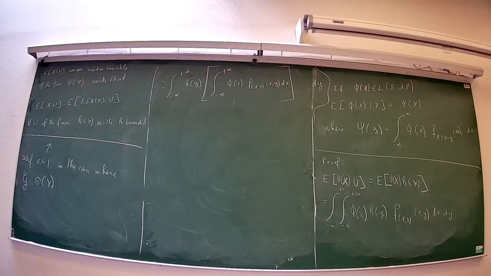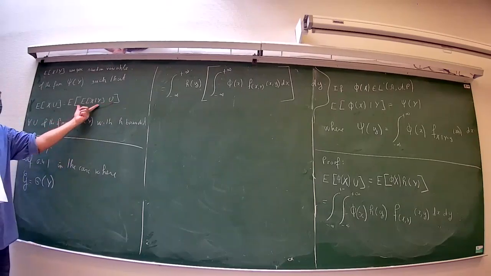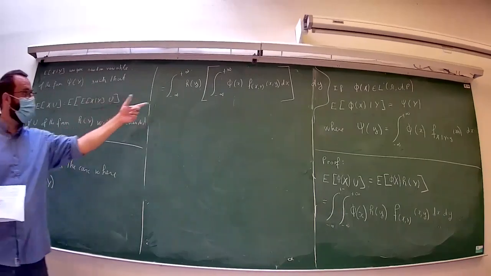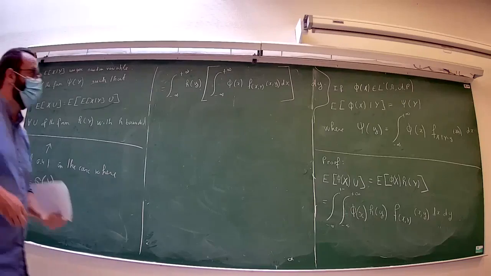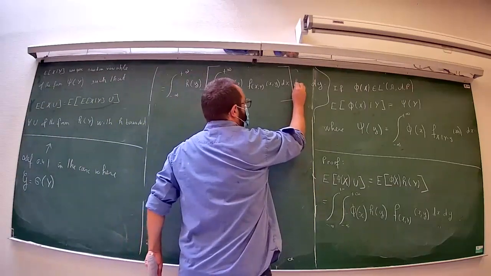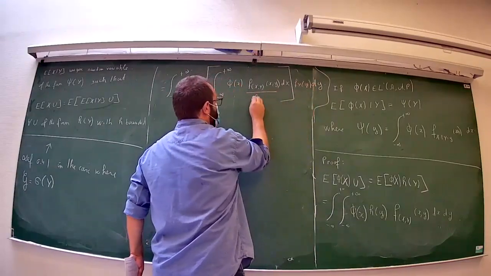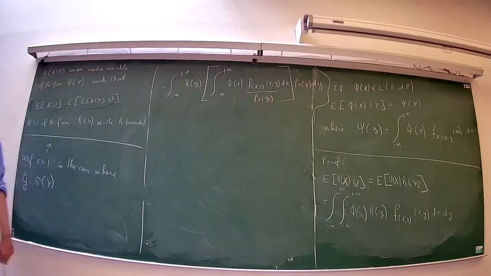And keep in mind what I want to obtain. I start from the expectation of phi of x times u. I want here something where inside I have a function of y and u that is a function of y. So I want to express everything as an integral with respect to the density function of y. So I can multiply by the density function of y here and divide by this.